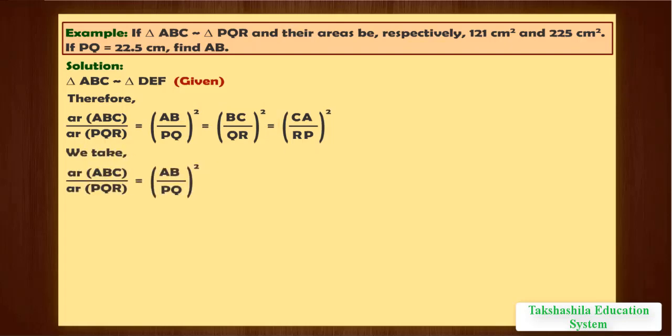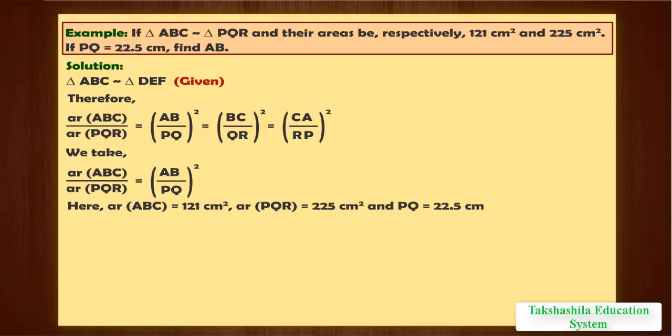We take area ABC upon area PQR is equal to AB upon PQ whole square. Here, area ABC is equal to 121 square centimeters, area PQR is equal to 225 square centimeters and PQ is equal to 22.5 centimeters. Let AB be equal to x centimeters.